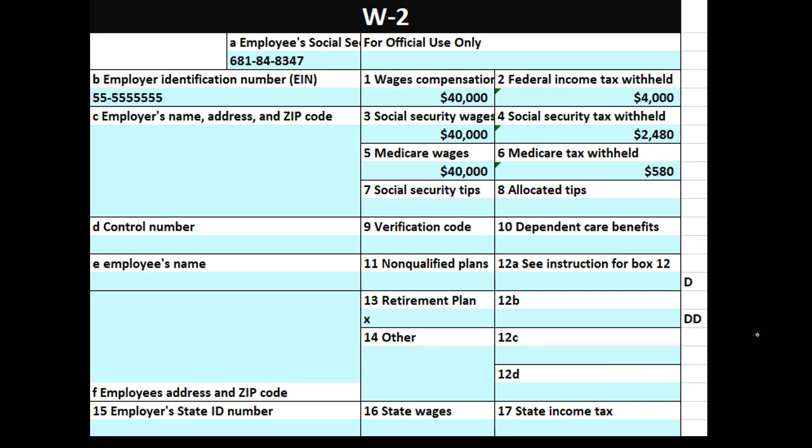This is an Excel worksheet that's kind of a mock simulation of the W-2. We will provide this to you. A fairly basic, straightforward W-2 will have the same numbers you'll see in box 1, 3, and 5, because the total compensation wages is the same as Social Security and Medicare. The federal income tax is something that we cannot tie directly to this number.